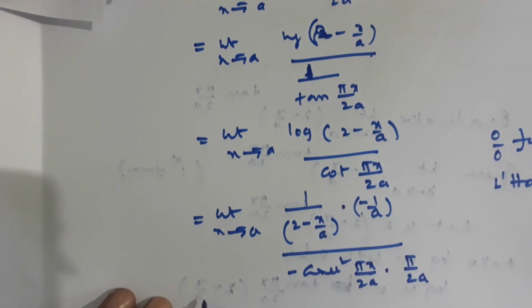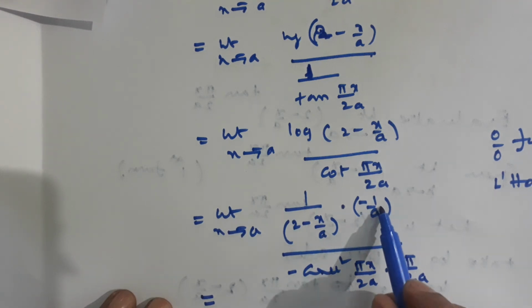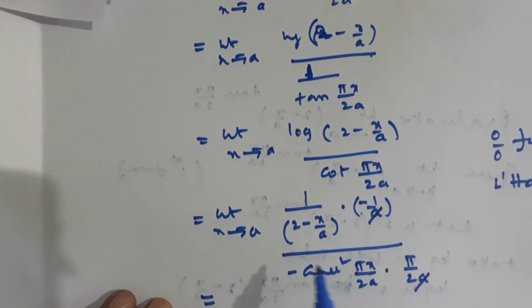So that minus minus will be cancelled, the a is cancelled. Suppose x is equal to a, it is 1. Numerator is 1.